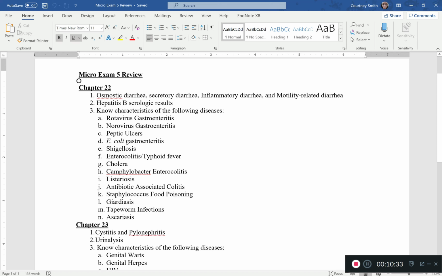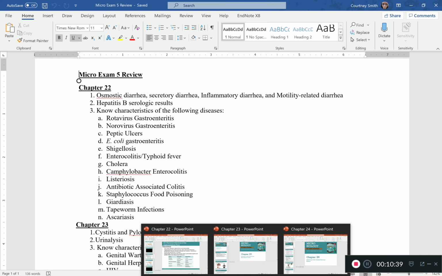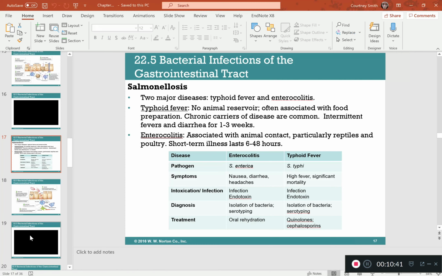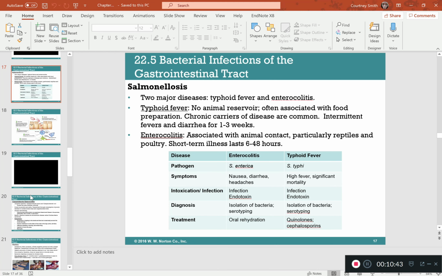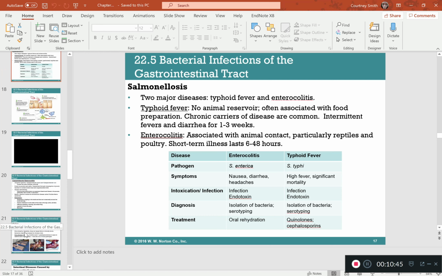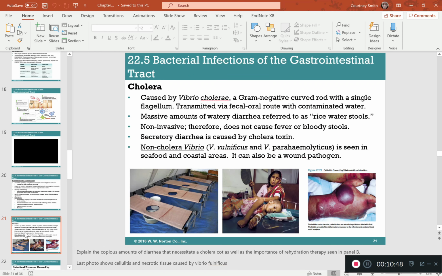We have cholera and then Campylobacter. Okay, so let's talk about cholera. Cholera is specifically caused by Vibrio cholera. It is a gram-negative bacteria that has a single flagellum, and it is transmitted via contaminated water.